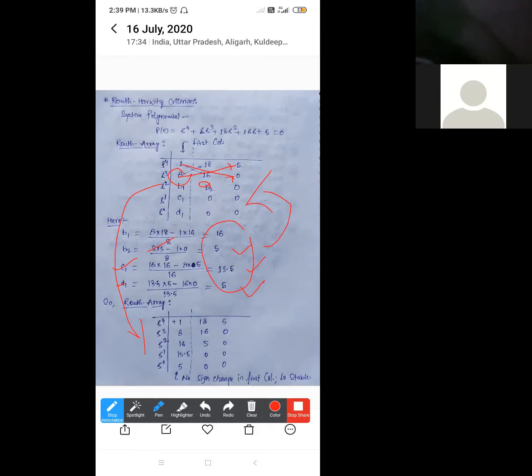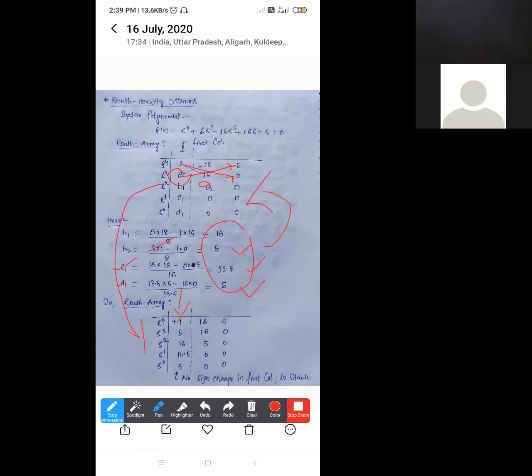To comment on system stability with the help of the Routh-Hurwitz criteria, we are concerned with the first column. We have to check the number of sign changes in the first column.